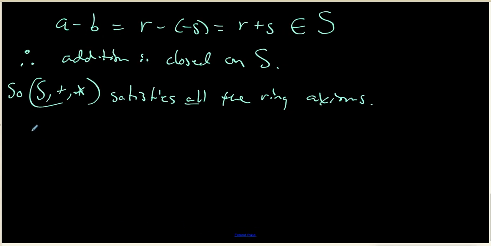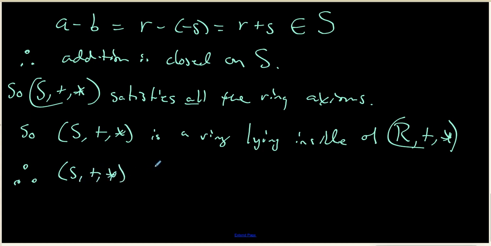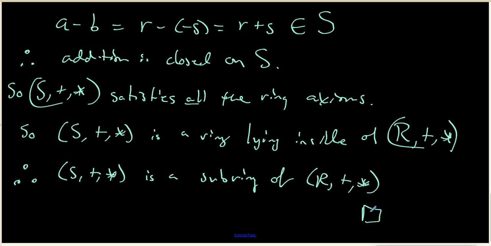And what that says is that S under plus and times is a ring that lies inside of R under the same operations that R uses. And that lets me say that S under its plus and times is indeed a subring of R under plus and times. And that completes the proof of the subring criterion theorem.